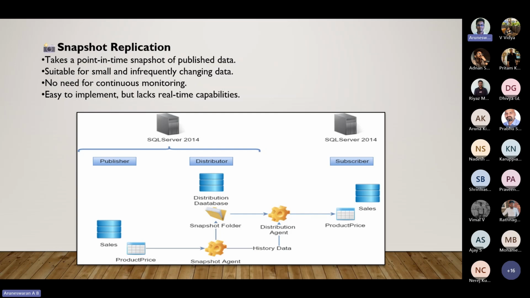The snapshot agent takes the snapshot from this publisher and stores it in the snapshot folder. The distribution database takes the snapshot from the snapshot folder and transfers it to the subscriber with the help of the distribution agent. The distribution agent pushes the data to the subscriber and the subscriber receives the data.